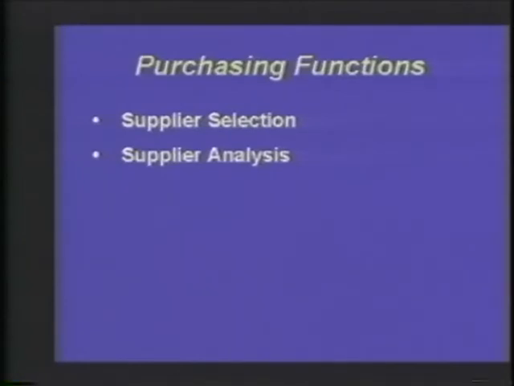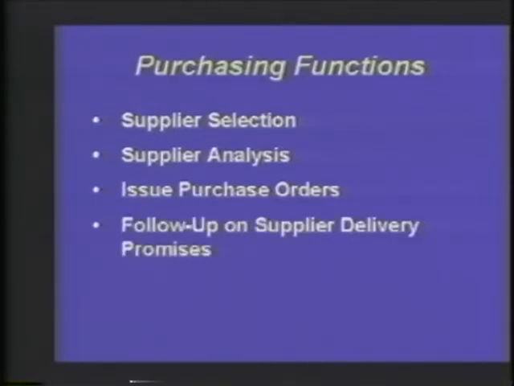Some of the requirements of analysis would be the quality issue, the delivery issue, and the accuracy of, let's say, the shipping quantities. The next item is quite self-explanatory, issue purchase orders, but the following item is one of the most critical elements in purchasing, and when maintenance management is not supported by a full-time dedicated purchasing professional, we start to have problems in our maintenance work order planning and scheduling system, and that is the follow-up of supplier delivery promises.